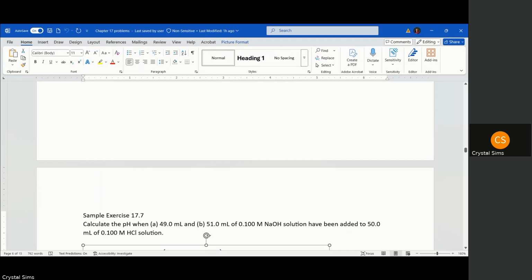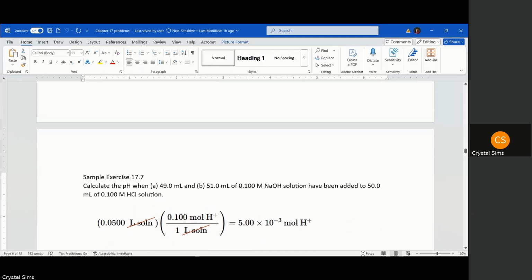So the first thing that we're going to do when we look at our calculations here is we have 50 milliliters of solution, which is 0.05 liters, and we have 0.1 molar hydrochloric acid, which means when it dissociates, it will produce 0.1 molar hydrogen ions.